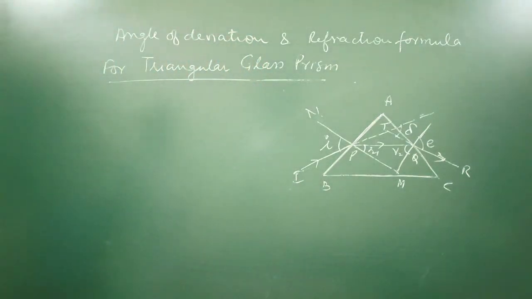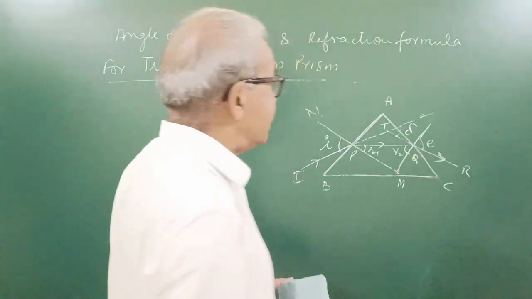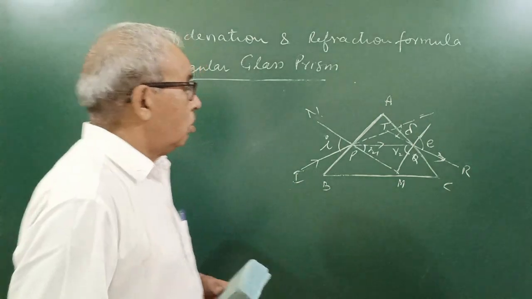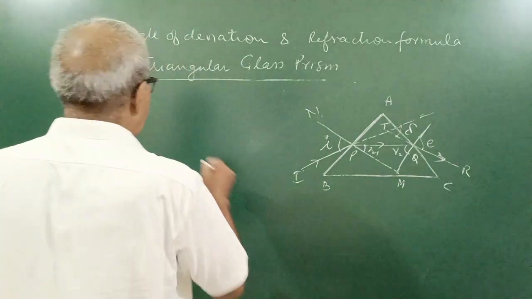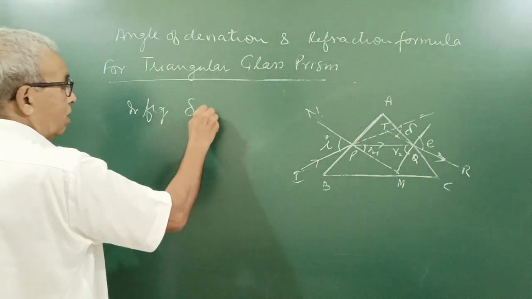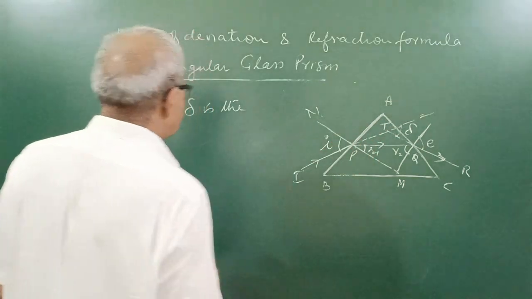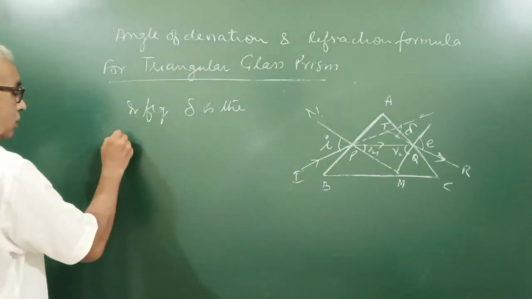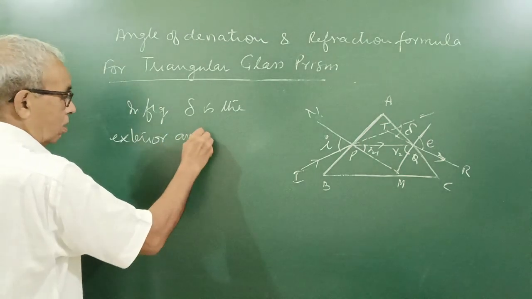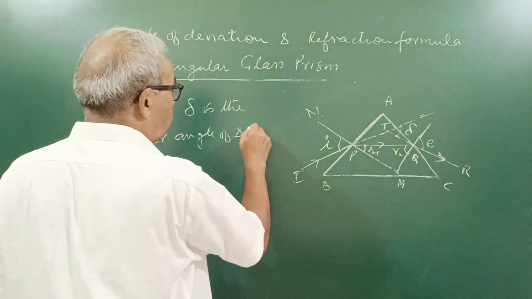So now we want to establish the relation between I, R1, R2, E and delta. In the figure, delta, the angle of deviation, is the exterior angle of triangle TPQ.